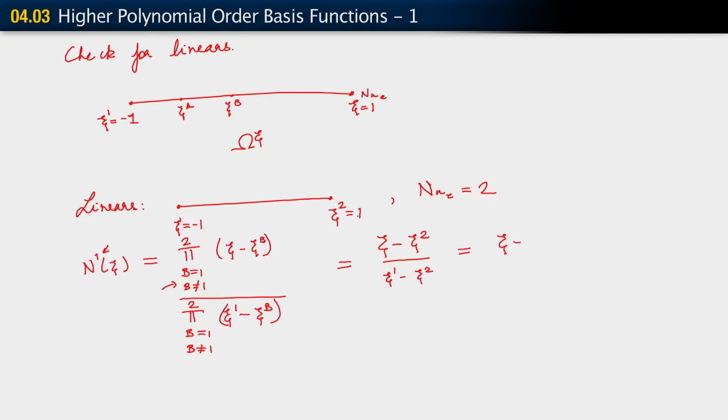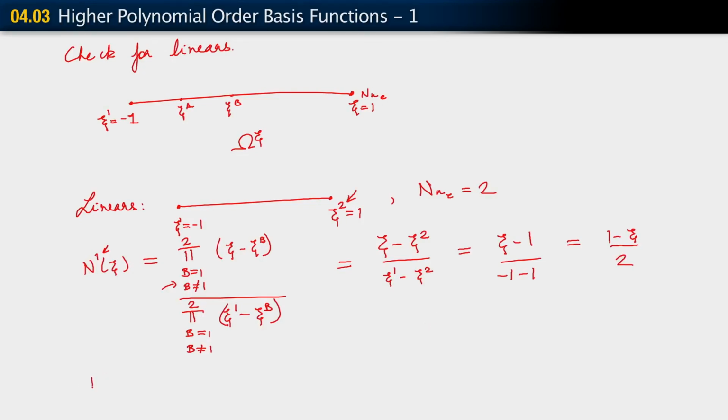What is ξ_2? It's right here, it is 1, divided by ξ_1 minus ξ_2. ξ_1 is minus 1, ξ_2 is 1. We get back (1 minus ξ) over 2, which we recognize to be N1 for linears.